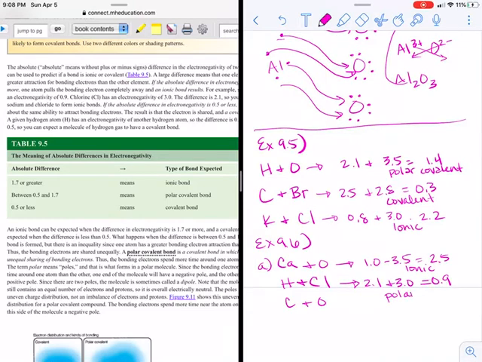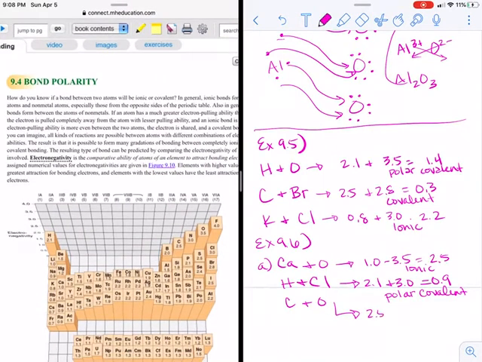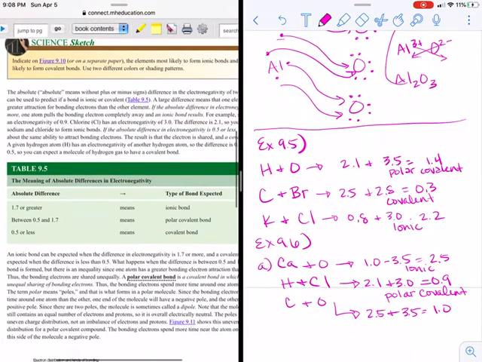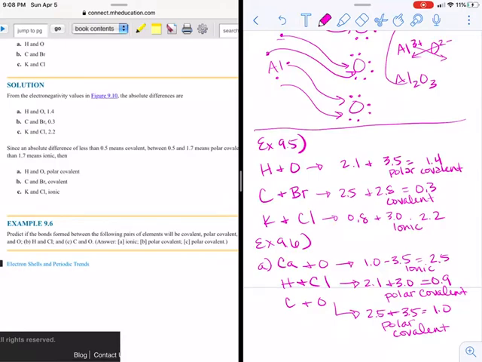Which again, if it's between 0.5 and 1.7, then that's polar covalent. And then lastly, you've got carbon, which is 2.5, and oxygen, which is 3.5, so you end up with 1. So again, you end up with polar covalent.